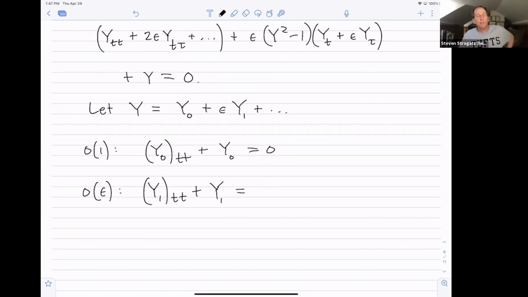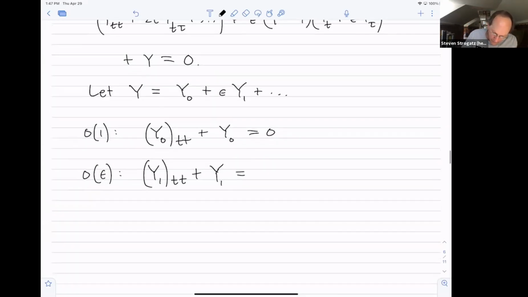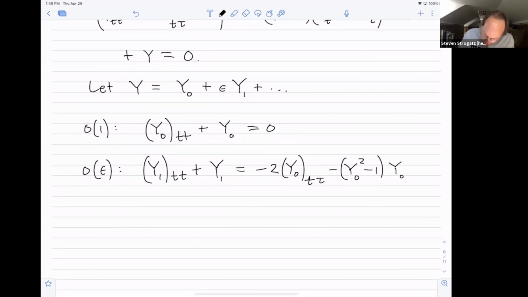There's some operator that keeps appearing on the left, but then there will be terms coming from the order epsilon stuff involving y0, which end up looking like this: minus 2 y0 t tau, and minus y0 squared minus 1. It's that van der Pol term, y0 sub t.